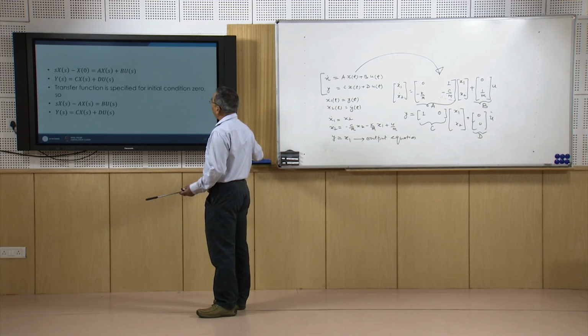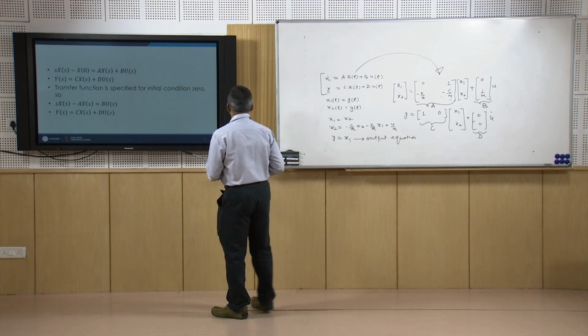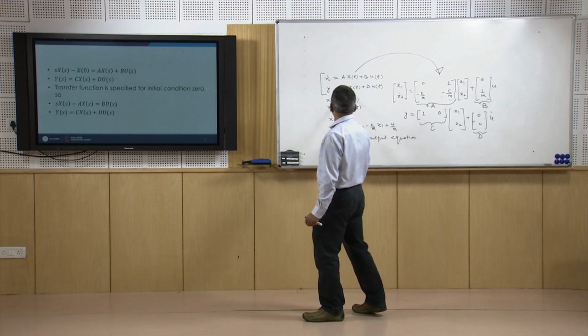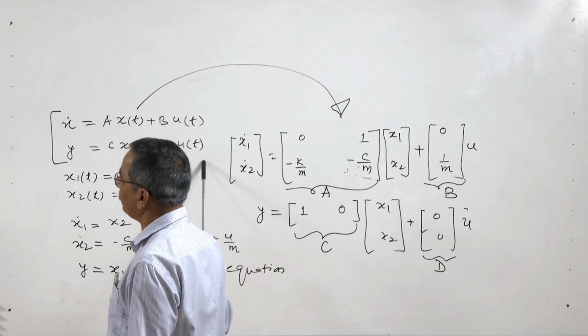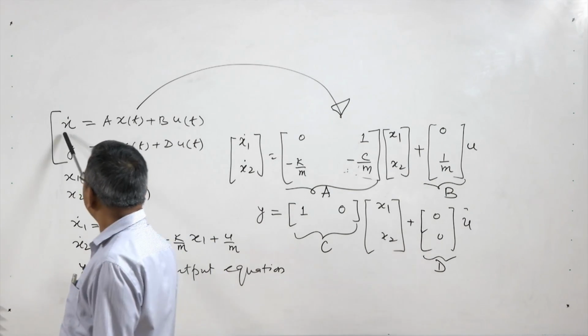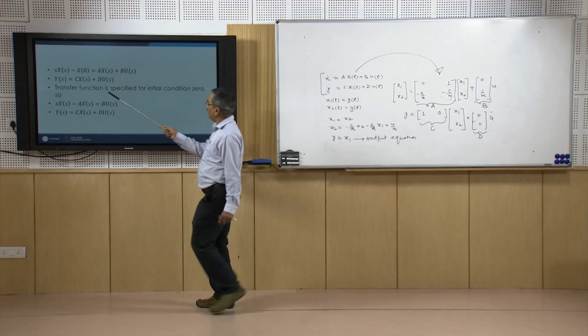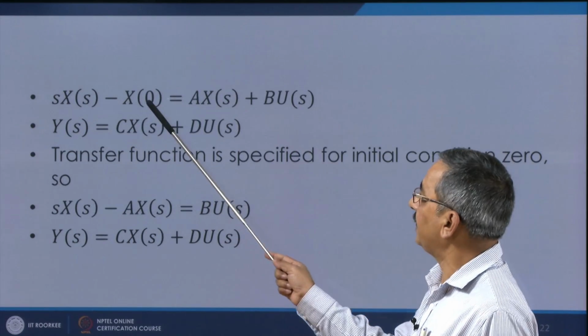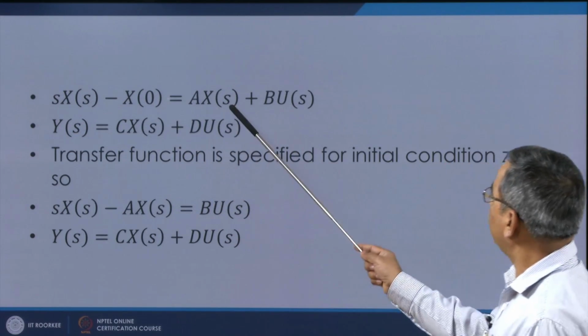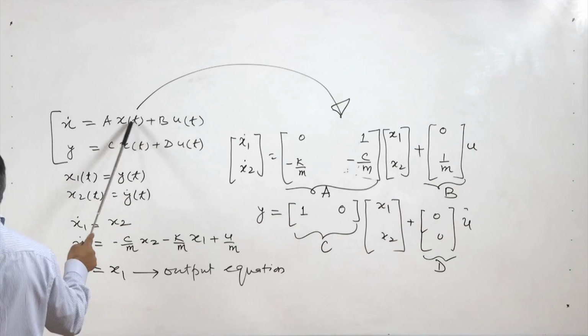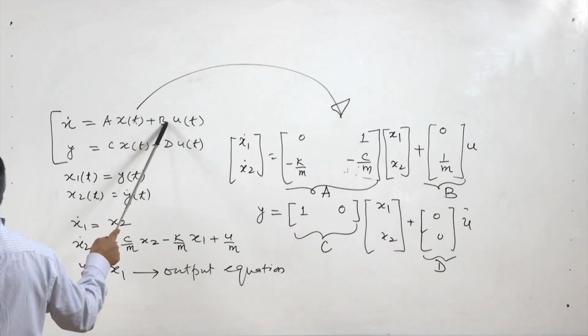Now, if I take the Laplace transform of this state space equation, the first derivative I can write as sX(s) minus x(0), and this is equal to AX(s) plus BU(s).